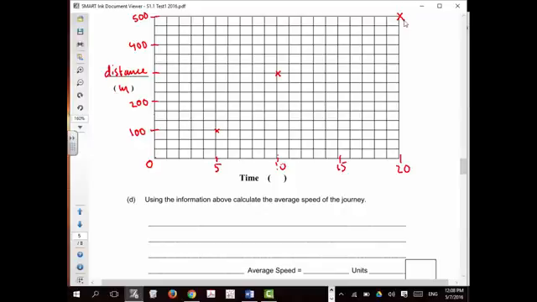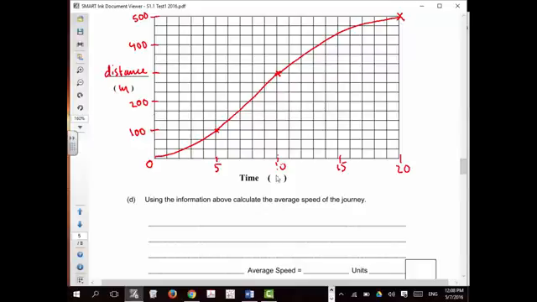Okay, so this distance here, he was traveling at a constant speed, so we can draw a straight line between those two. For the first 5 seconds, the motorcyclist was accelerating, so that should be a curve upwards like that. And for the last 10 seconds, the motorcyclist was decelerating, so that should be a curve that flattens out like that, because the gradient is how fast the motorcycle is going.